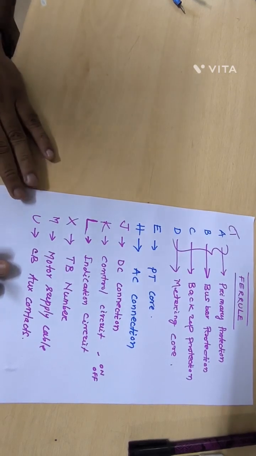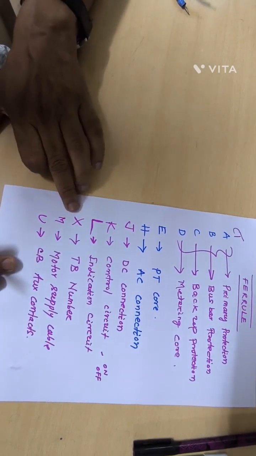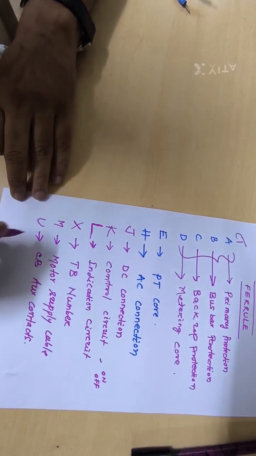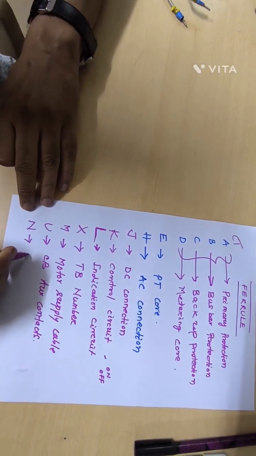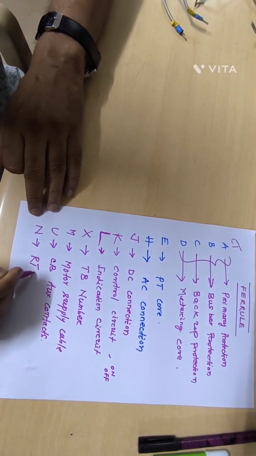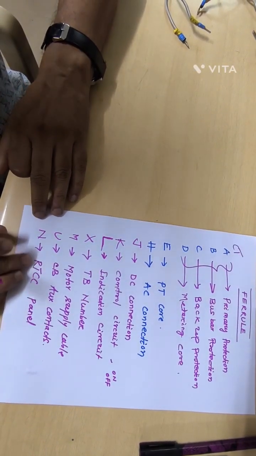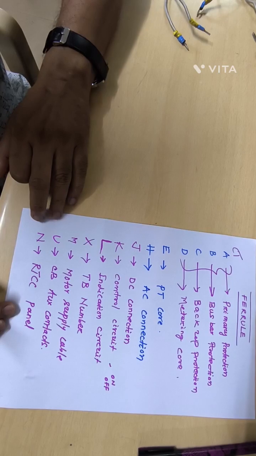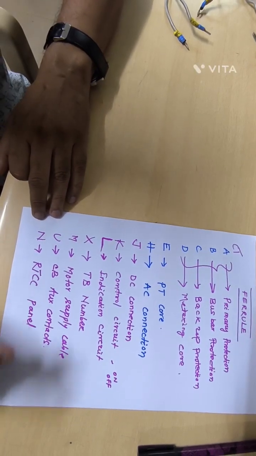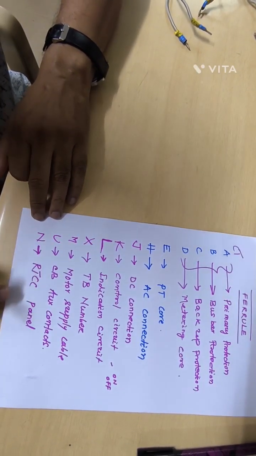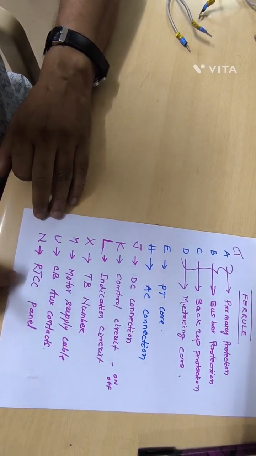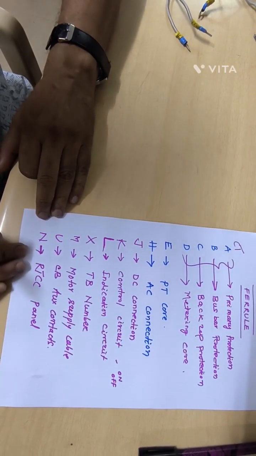U will come. X stands for the TB number, as I already told. N will be found in the RTCC panel where the on-load tap changer is there. In the RTCC panel you will find the N ferrule. That will be the tap changer connection, denoted as AC neutral. N also comes for AC neutral. So in the RTCC panel you will find the N ferrule.